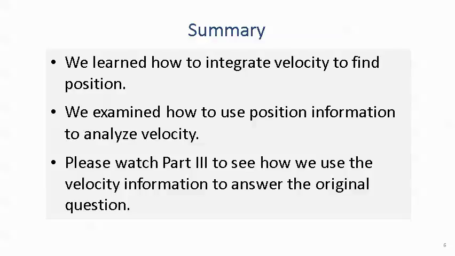And if we have that description, we can take the derivative of it to get a description of velocity, which tells us the rate of change of position with respect to time. So please watch part 2 to see how we will use this information to analyze how fast we and our friend have to move along our paths to have a collision.